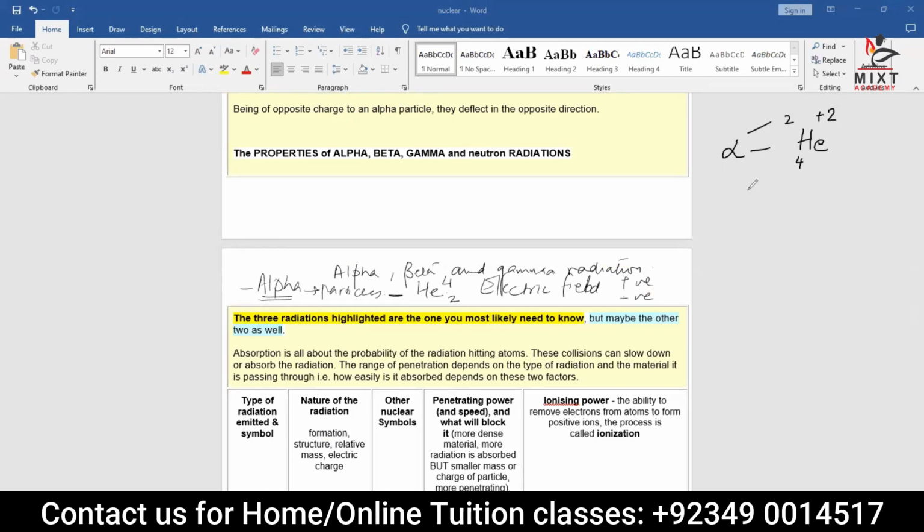It means that 2 electrons are actually removed from that, and that's the reason it has a positive 2 charge. So basically, they can be mentioned like this as well, with positive 2 charge.